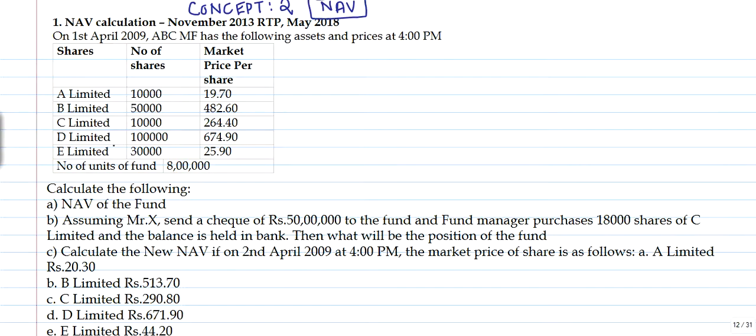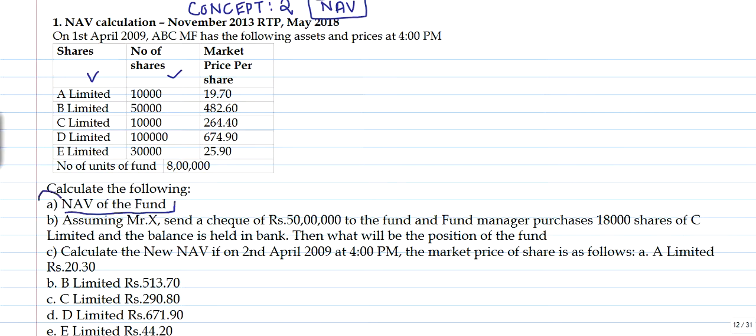So read the question carefully. This is the question. We have the number of shares, the market price per share, and the number of units of the fund, and we calculate the following: NAV, net asset value.